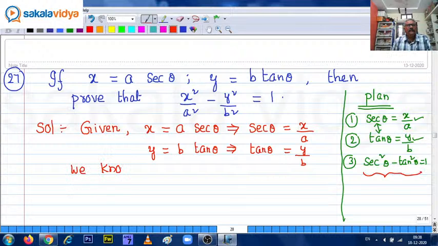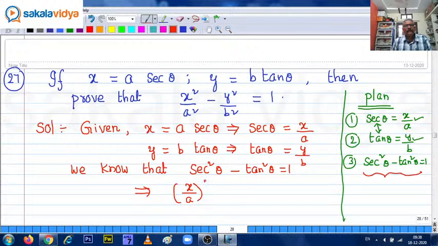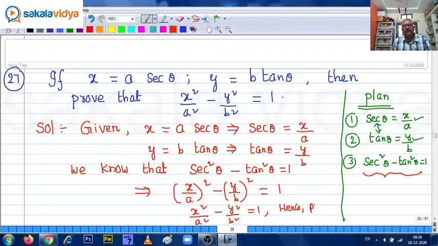We know that secant square theta minus tan square theta equals to 1. Substituting x upon a whole square minus y upon b whole square equals to 1. So therefore we get x square by a square minus y square by b square equals to 1. Hence proved. That's all.